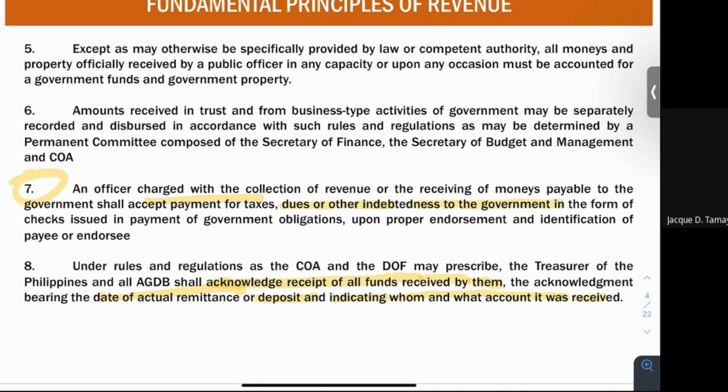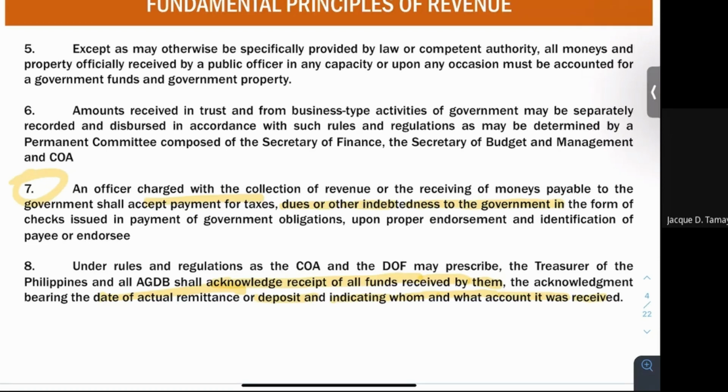So as a rule, as I told you, if it is collected today, it should be deposited tomorrow. But if you still have time today, then you can also deposit it today. So some government entities make a cut-off. All transactions or collections up to 3 p.m. should be deposited within the day. And next day, the other transactions, etc. So that's how they do it.